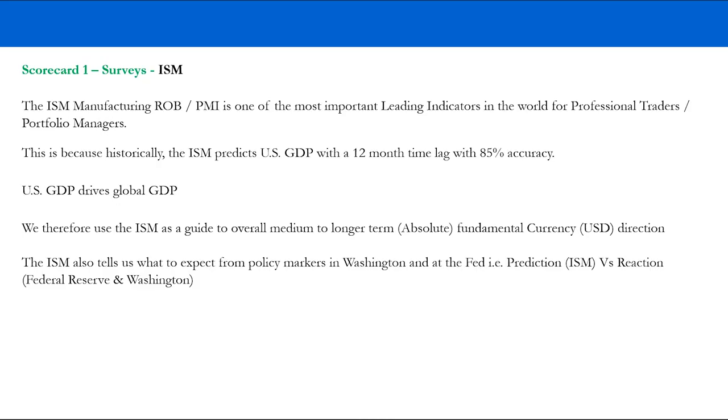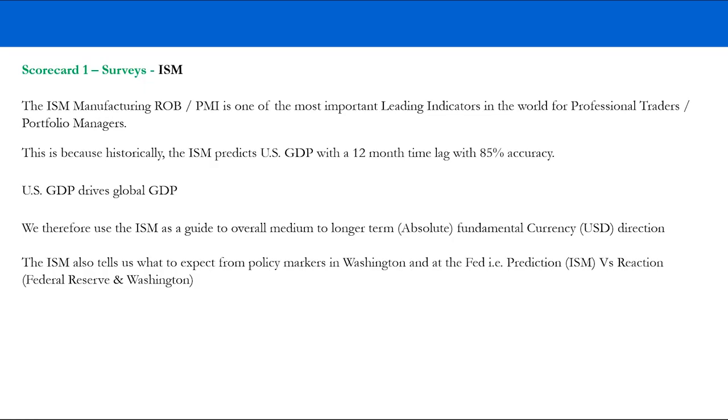And the ISM, the report on business, the PMI, it's overall one of the most important leading indicators in the world for professional traders. And it's because historically the ISM has predicted US GDP with a 12-month time lag with 85% accuracy since data began.